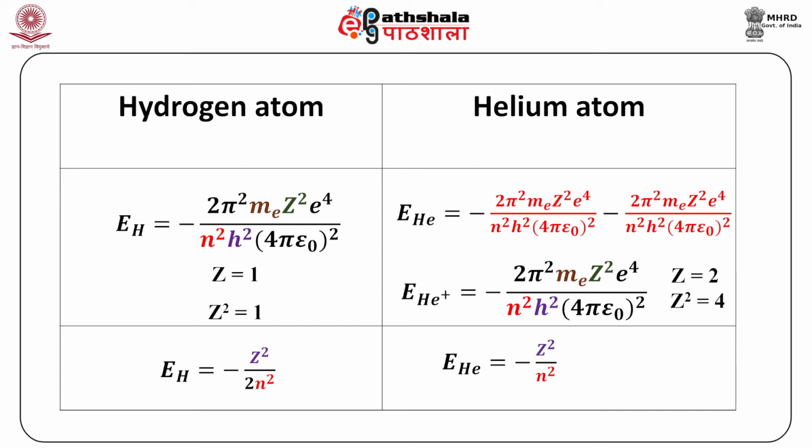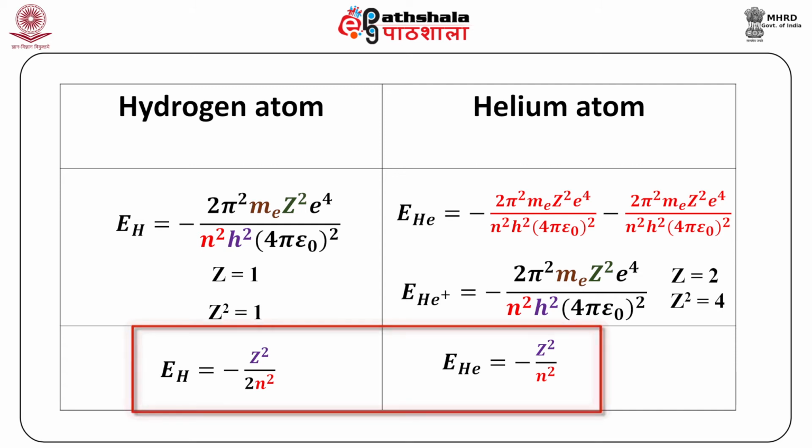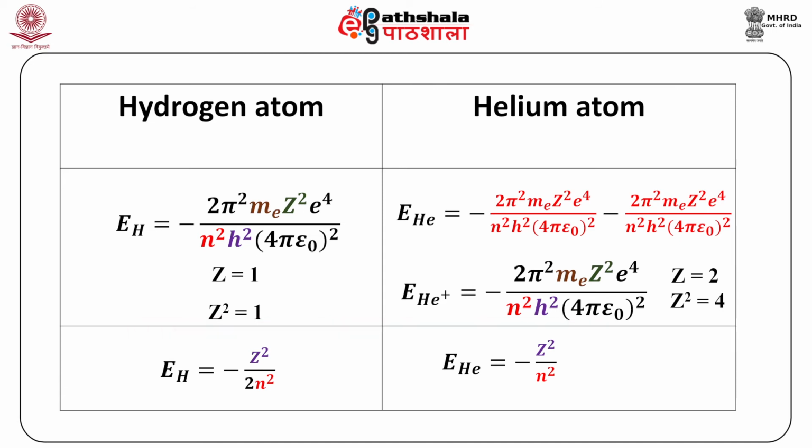You have also studied atomic units. If instead of writing all these complex expressions, you want to express this energy in terms of atomic units, the corresponding values are, as you can see, for the hydrogen atom, minus Z square upon 2n square, whereas the corresponding energy for the helium ion is minus Z square upon 2n square. But please remember, Z in the former case is 1 and Z in the latter case is 2.